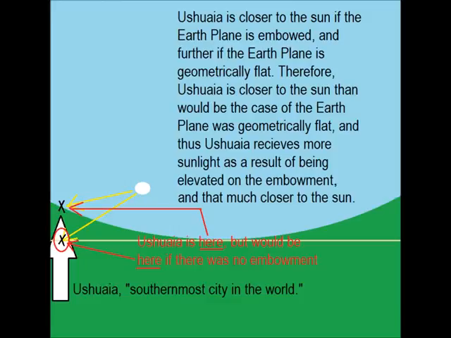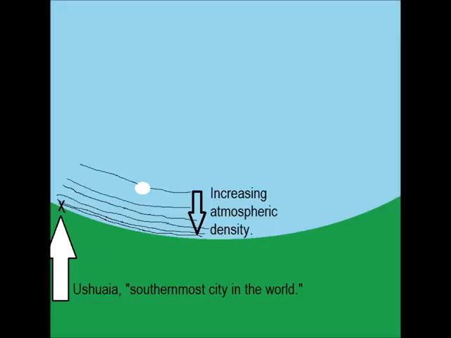However, with the embowment correlating with the inner of the Zetetic eye gyroscope sphere, Ushuaia is actually far closer to the sun than is the case when Ushuaia is viewed as being on the outskirts of a geometrically flat plane. Instead, on an embowed plane, Ushuaia is that much closer to the sun and will experience much more sunlight than expected. Furthermore, Ushuaia will receive a smaller amount of light refraction due to its orientation to the sun than cities typically will on the Earth plane.